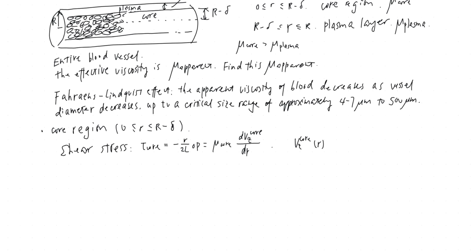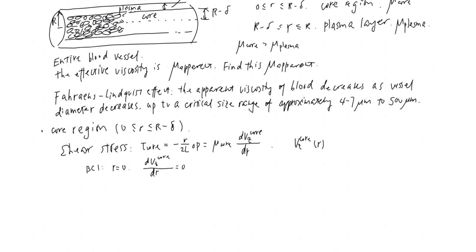And for the core region, we have two boundary conditions. BC1 is at the center line. We know that there is no shear stress, or the profile is symmetric. Symmetric means dVz core dr equals 0.